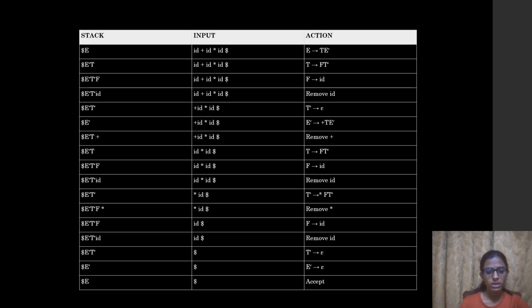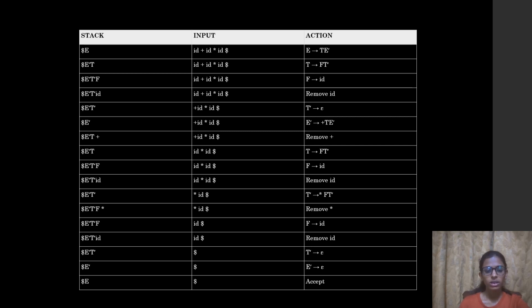We reverse it and place it in the stack, and we again remove id. Next is E', T', and the leftover input is dollar, so T' gives epsilon naught. So E', the input is dollar, and E' gives epsilon naught. So dollar is in the stack, and the input has dollar, and the action is accept.